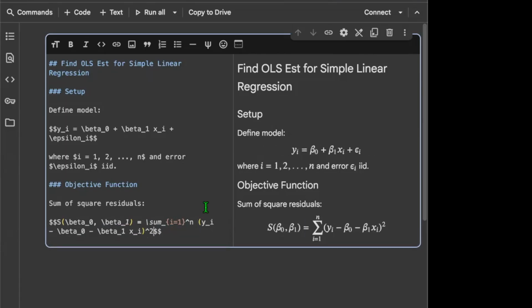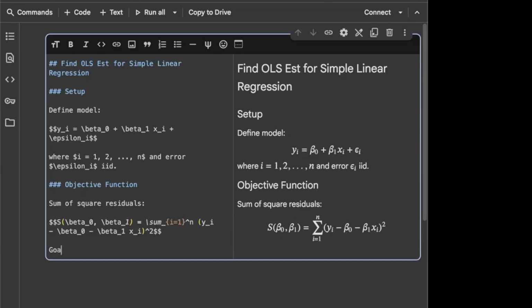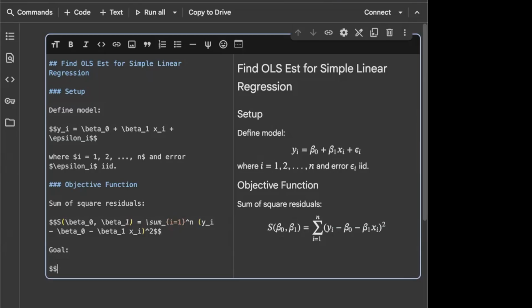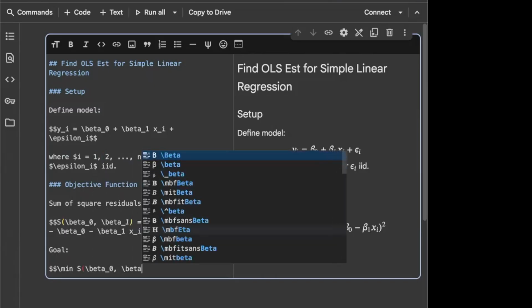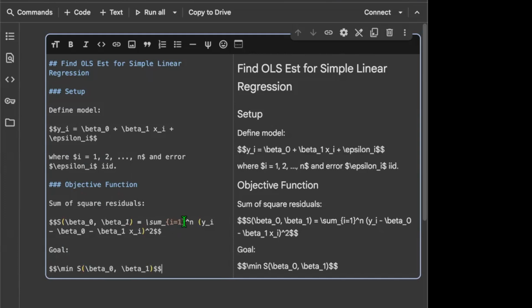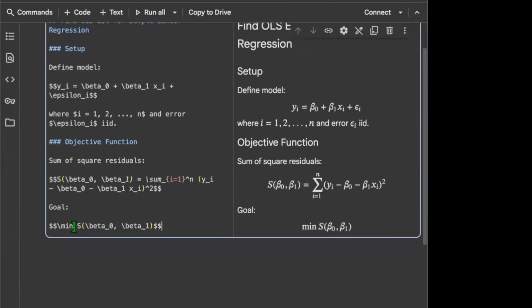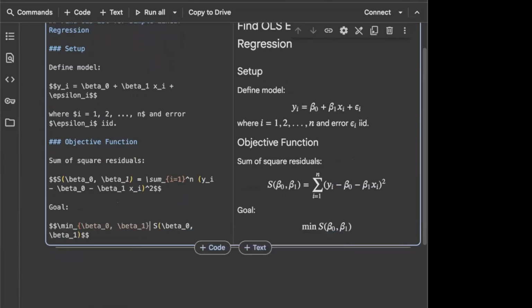That is the formula for the sum of squares. So now the goal is simple: you want to minimize this S term over beta 0 and beta 1. That is your goal, and in this minimization, you can control beta 0 and beta 1 in the objective function.